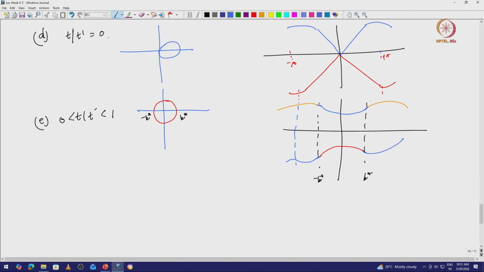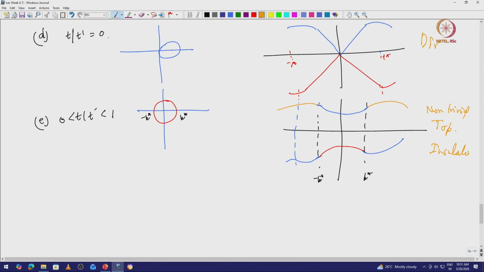Something of this sort happens. So, this is again non-trivial topology. Topological insulator.